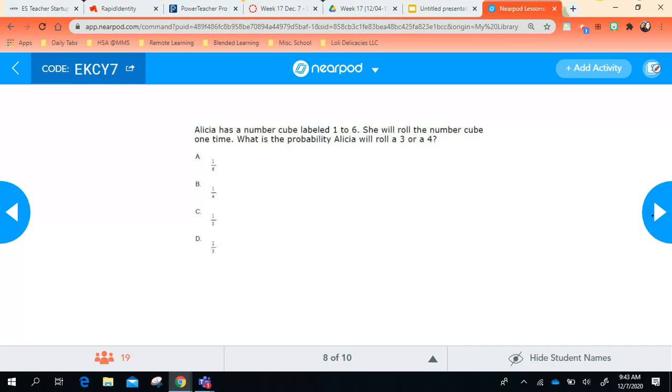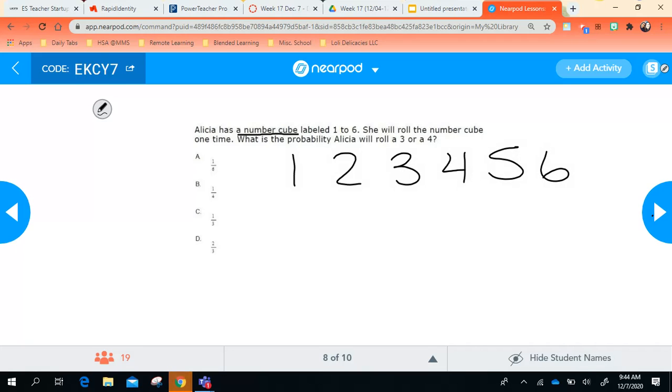So now I'm going to show you how to do this one. I'm going to show you 2 different ways that you can do this one, because I don't want you to think that there's only one way you can solve it. Alicia has a number cube with the numbers 1, 2, 3, 4, 5, and 6.